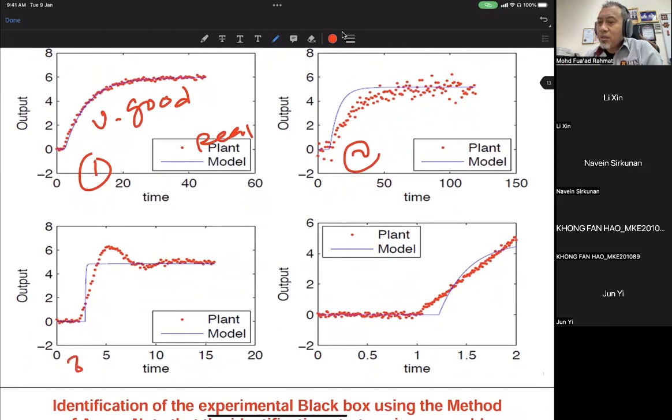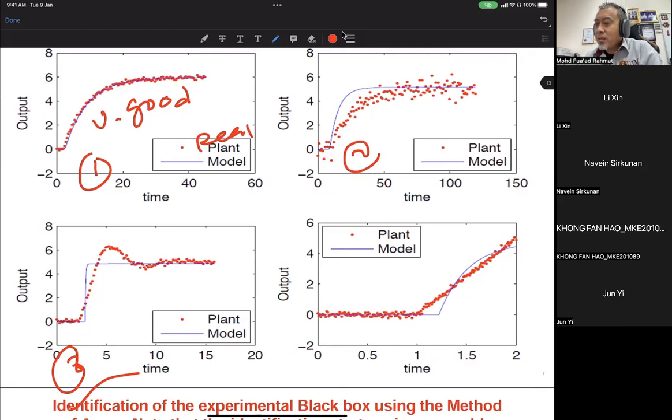And number 3 is considered okay, because the plant is a second order system, but the model is actually like a step or square wave, which is also not satisfactory. The blue line cannot follow the real data, as in number 1.